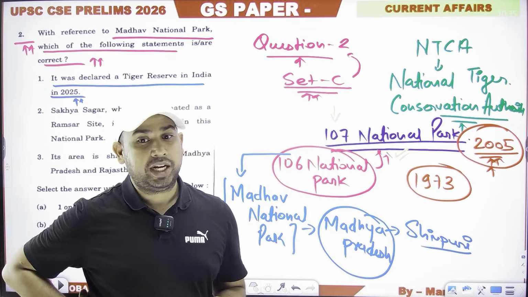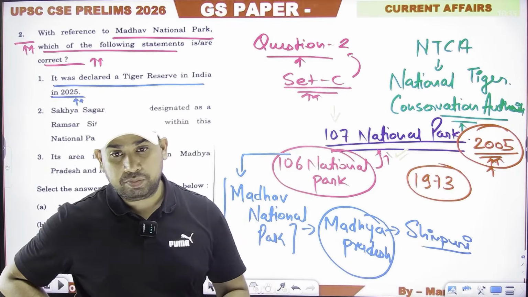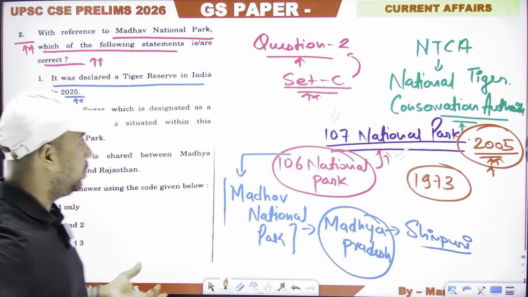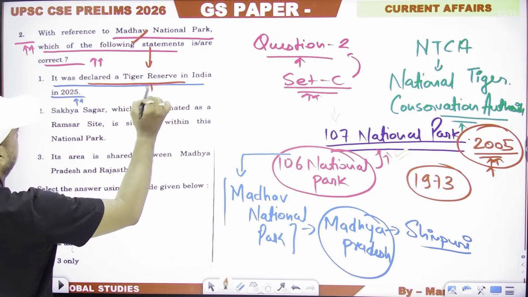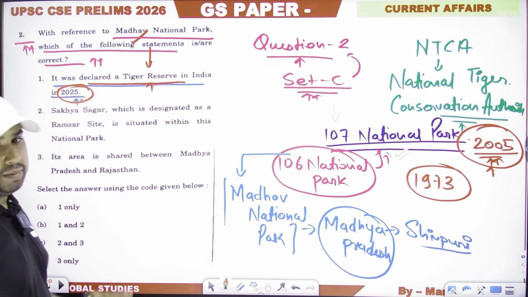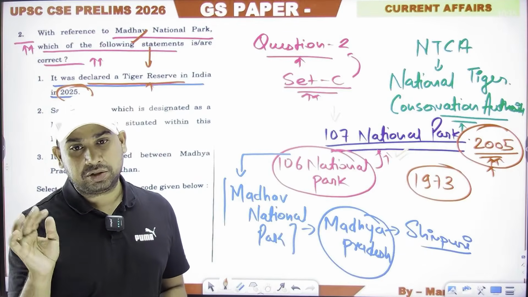The maximum tiger reserves are found in Madhya Pradesh, and Madhav National Park was declared a tiger reserve in 2025. This statement is absolutely correct.